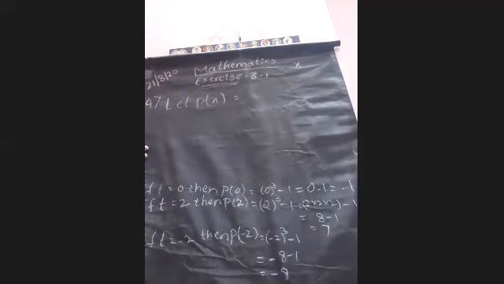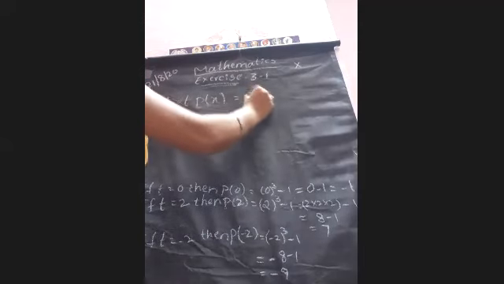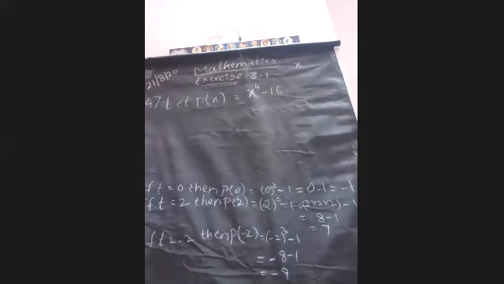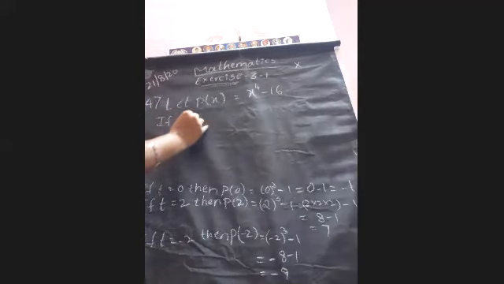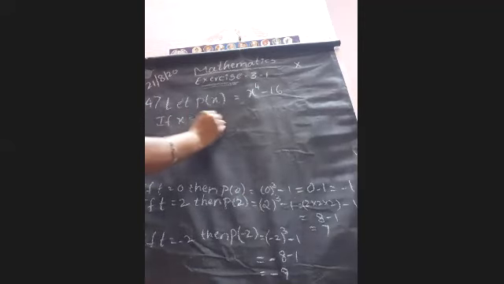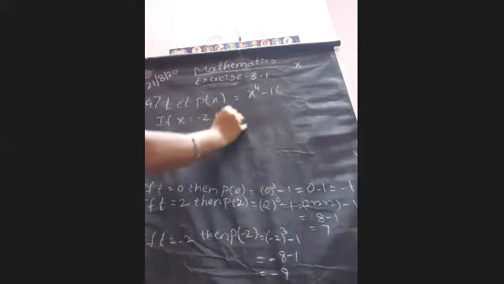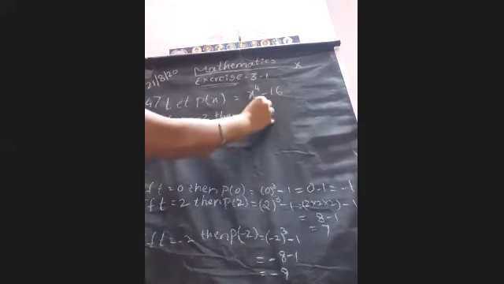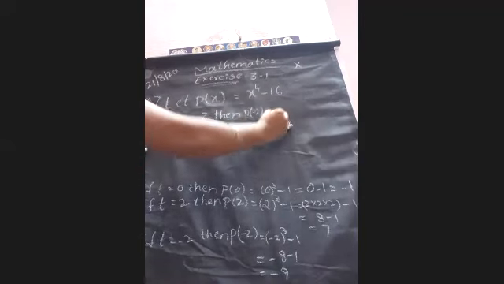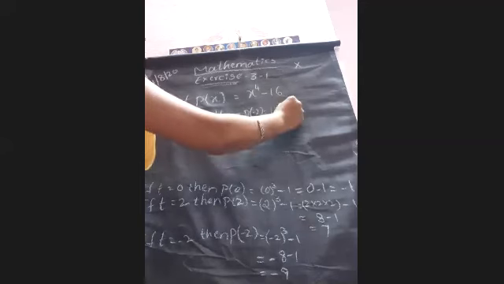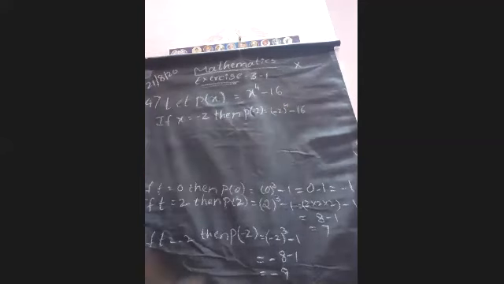In the question, let P of x equal x power 4 minus 16. If x equals minus 2, then P of minus 2 equals minus 2 whole power 4 minus 16.